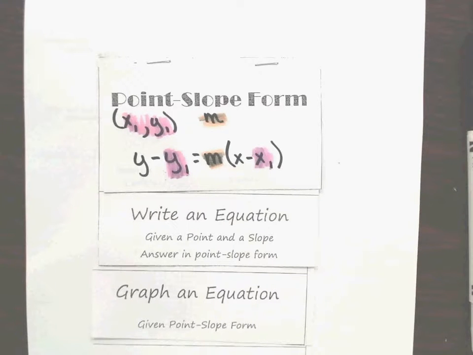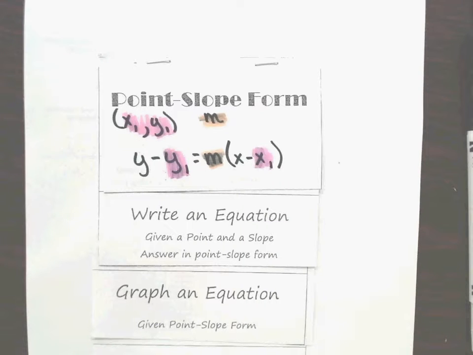The x1, y1: y goes with y, so your y1 goes with your y variable, and your x1 goes with your x variable, okay? And the other thing is these will not always be subtraction signs. It's whatever is the opposite of your ordered pair. We will discuss that as we move forward, and I'll write that over here so you don't have to reflect back.